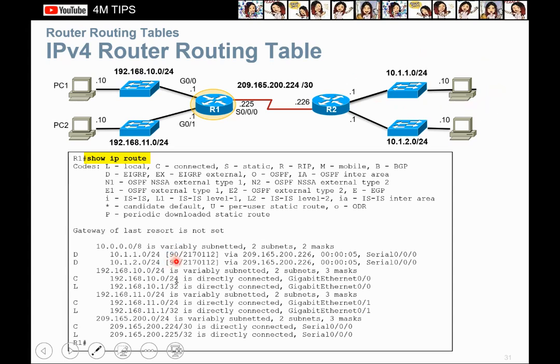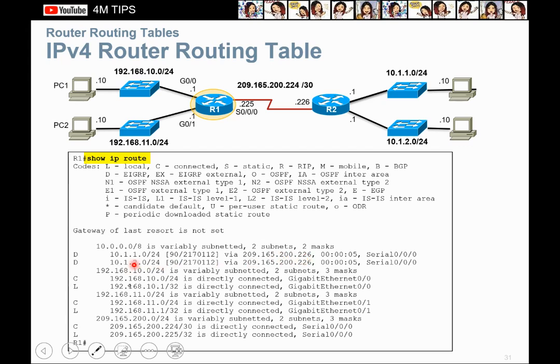The first value after the bracket is 90. This stands for the administrative distance by default. When you use EIGRP, the cost is 90. The next value is the metric to reach the destination of 10.1.1.0/24.